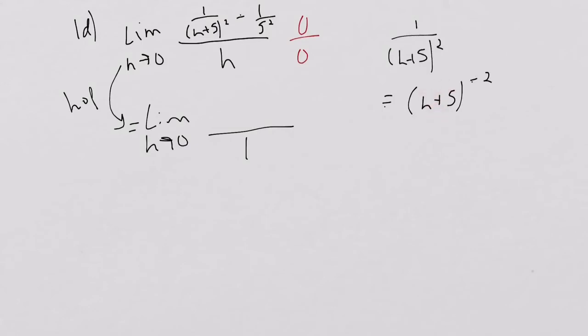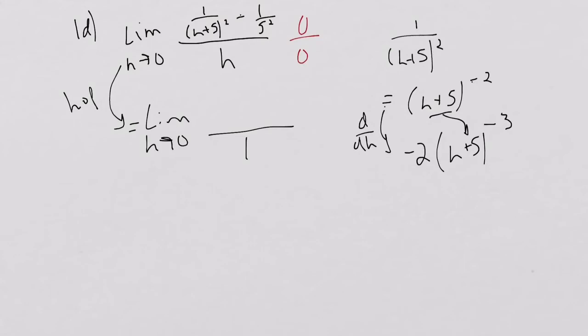So I am now going to take d/dh of this. Power rule gives me negative 2 times (h plus 5) to the negative 3, and then the inside just slides in there like it would for any chain rule. So I get negative 2 times (h plus 5) raised to negative 3.